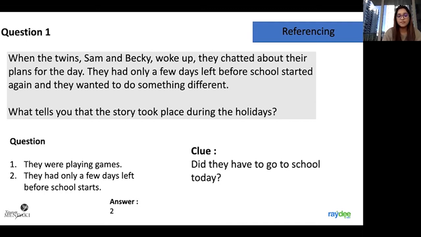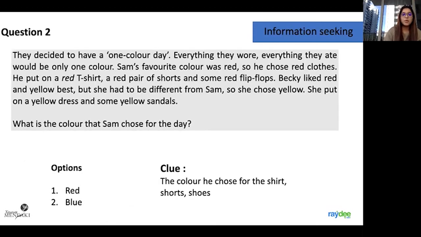They had only a few days left before school started. Okay. Now, question 2. They decided to have a one-color day. Everything they wore, everything they did would only be one color. Sam's favorite color was red, so he chose red clothes. He put on a red t-shirt, a red pair of shorts, and some red flip-flops.